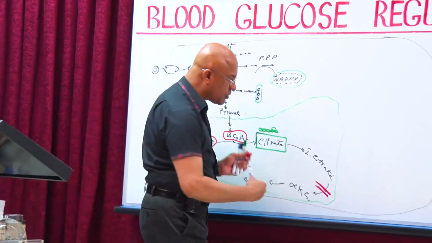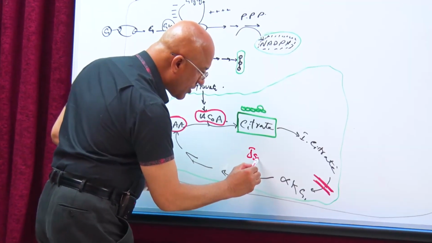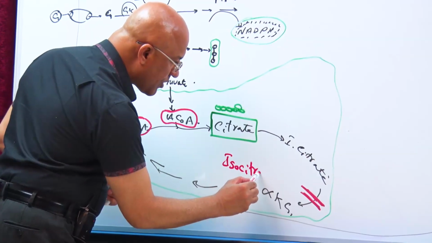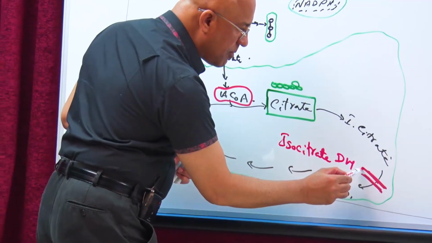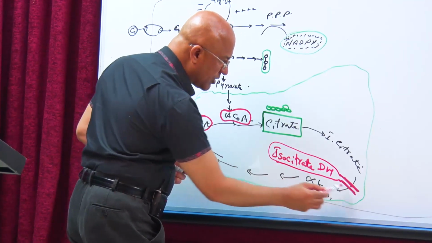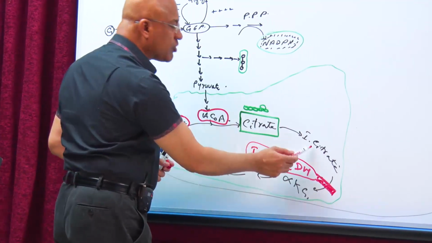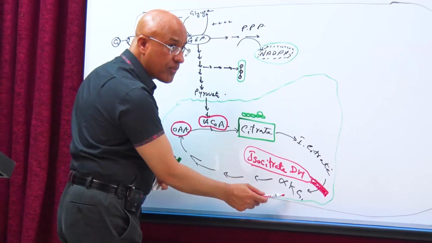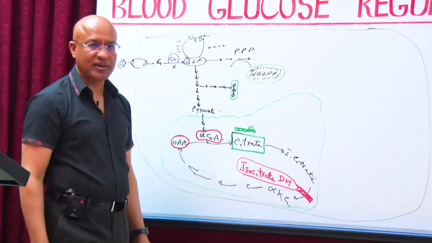Now the enzyme which is present over here is isocitrate dehydrogenase, and this enzyme should be inhibited so that isocitrate cannot convert into alpha ketoglutarate, and we put a block for energy production.